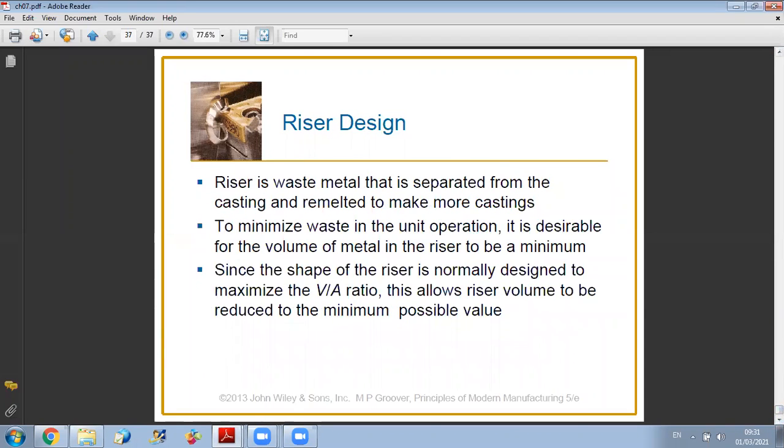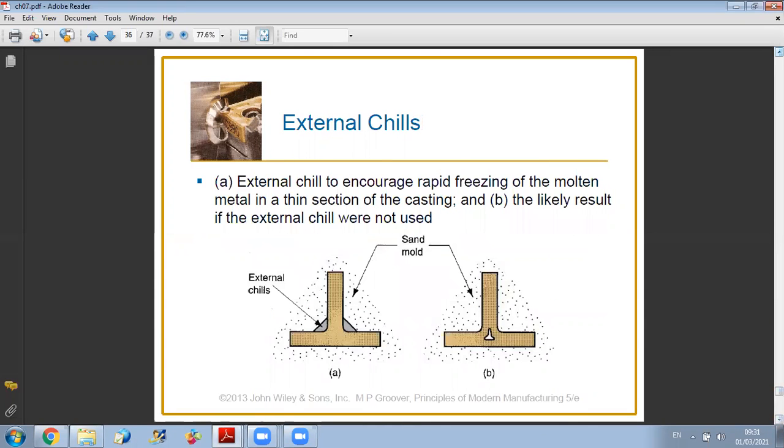So as you can see here, sometimes we can add an external chill. What will be the objective of this chill? An external chill will encourage rapid freezing of the molten metal in a thin section of the casting. For example, here, when you put the chill here, as its name indicates, it will contribute to heat loss from this region, because it will cool your pattern here.